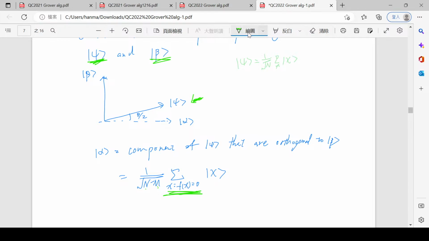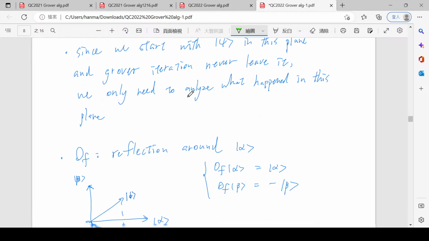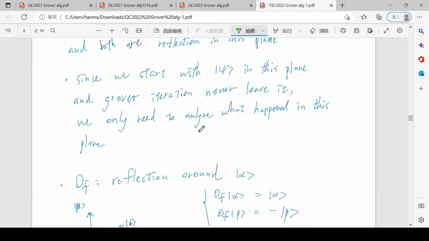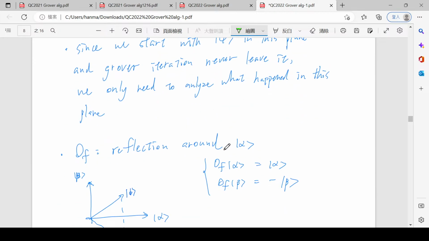Yeah, we are going to check it out very soon. And the second one is, as we said, we start with this psi inside this plane.